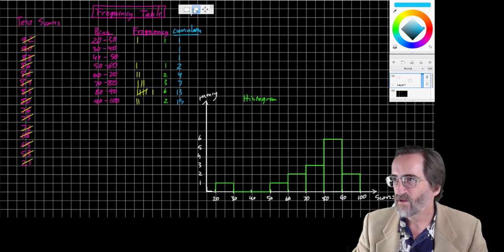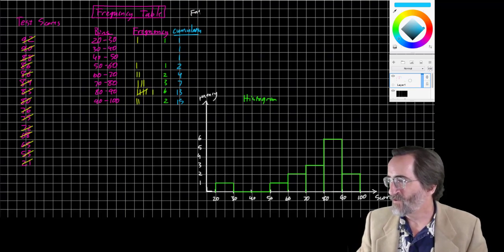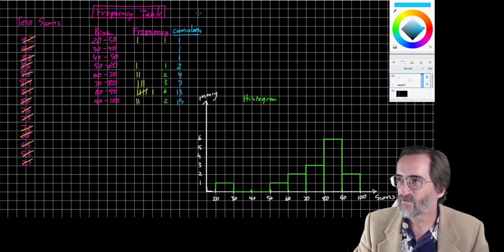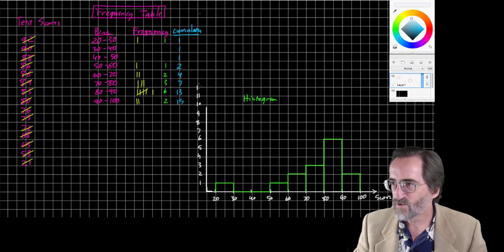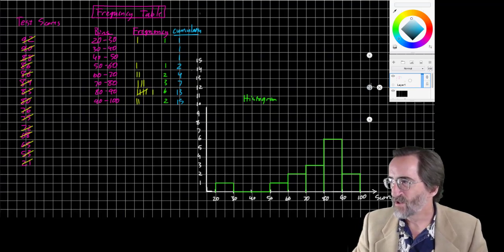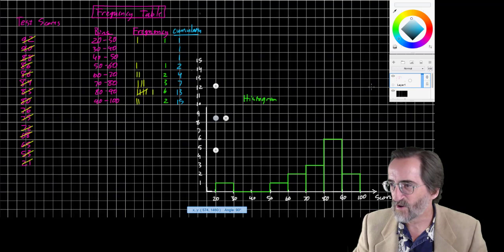And frequency got cut off here. All right. Let's clean it up here. Frequency. And we're going to go all the way up to 15. So 7, 8, 9, 10, 11, 12, 13, 14, 15. Okay. And make my bar go up that high.